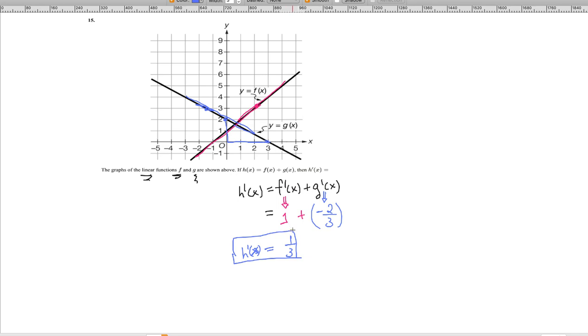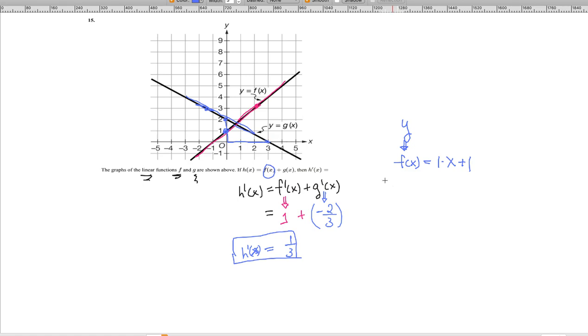Now, that's sort of the quick interpretation, but you could actually just take your time with this. You could say, well, f of x is this linear function right here with a y-intercept of 1. So f of x, which is just y, is equal to mx plus b. m is 1 and b is 1, so it's 1 times x plus 1.